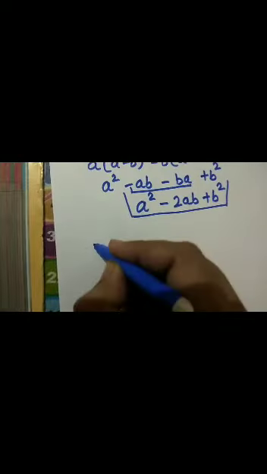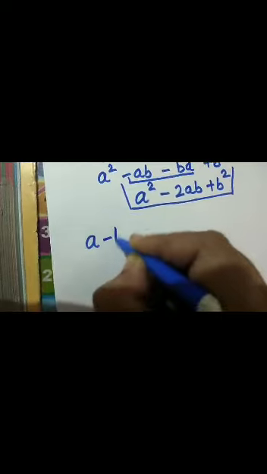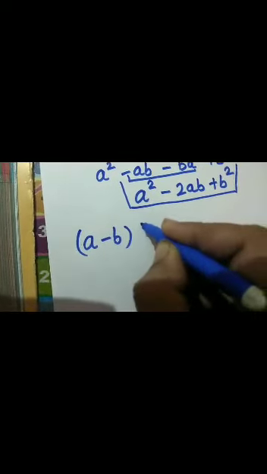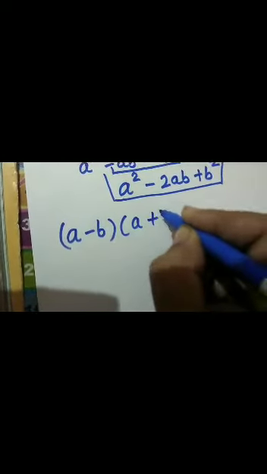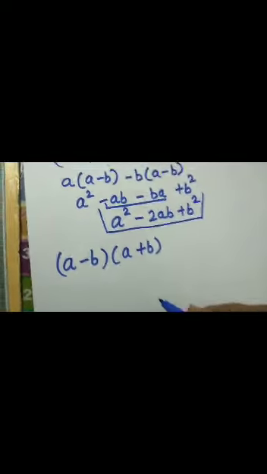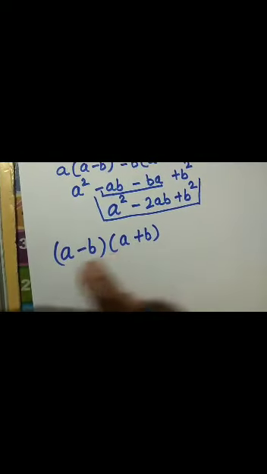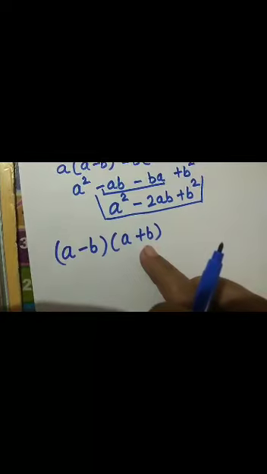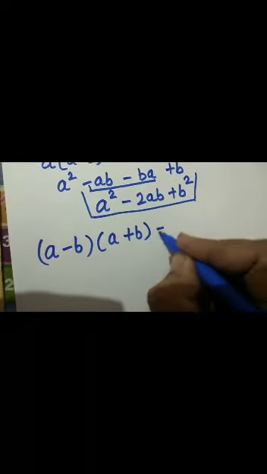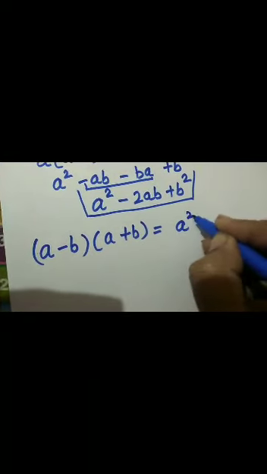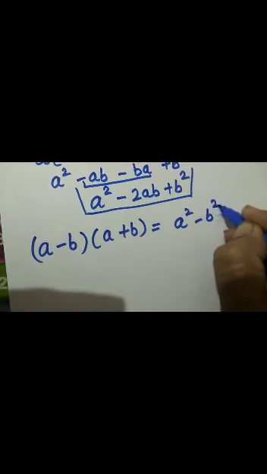Now the third identity is when the terms of the binomials are the same but the signs are different. One binomial has a minus sign and one binomial has a plus sign. So the result will be a square minus b square.